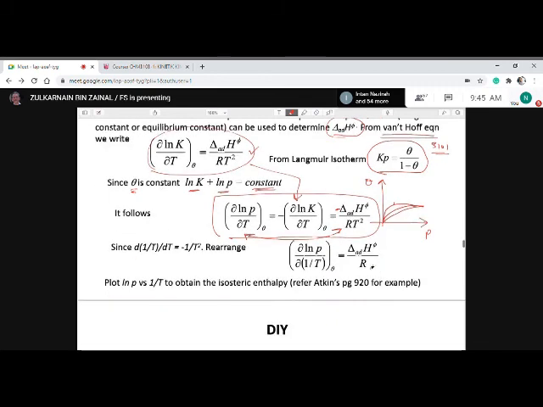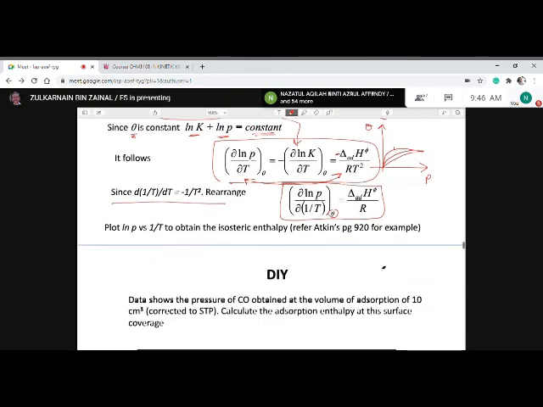And then you can rearrange the equation into this form, where you have d ln P over d(1 over T) at a certain surface coverage equal to delta H over R. So what it means from this equation is that if you plot ln P versus 1 over T, the slope of the graph that you get should be negative, right?